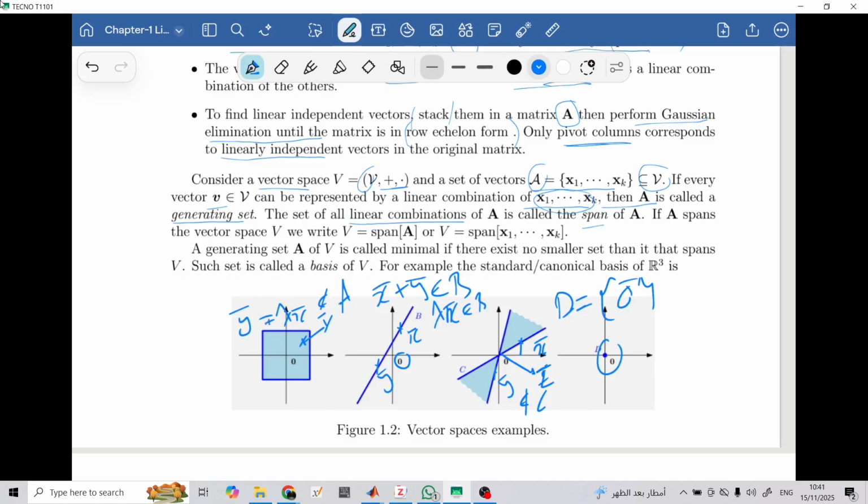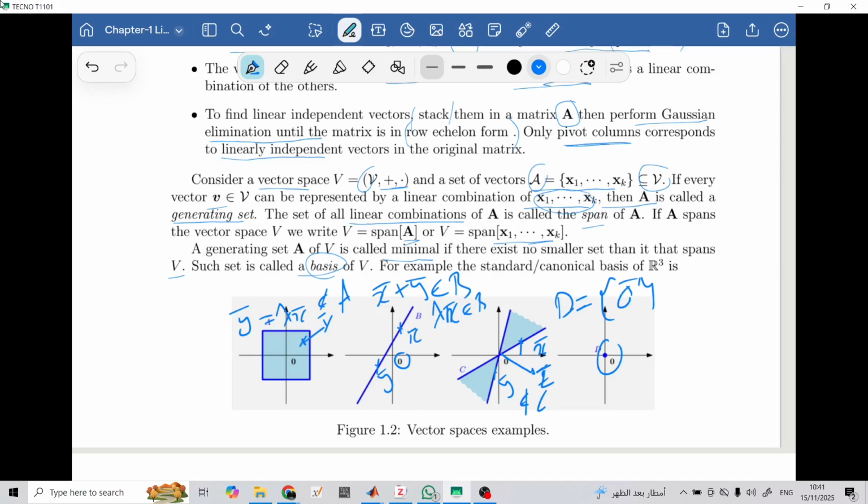So we can write it in two forms: the span of the set of vectors, where we mention the vectors, or the span of the matrix A. This set or matrix A is called minimal if there exists no smaller set, meaning no smaller number of vectors that can span V. Such a minimal set is called the basis. So a basis is a minimal generating set.